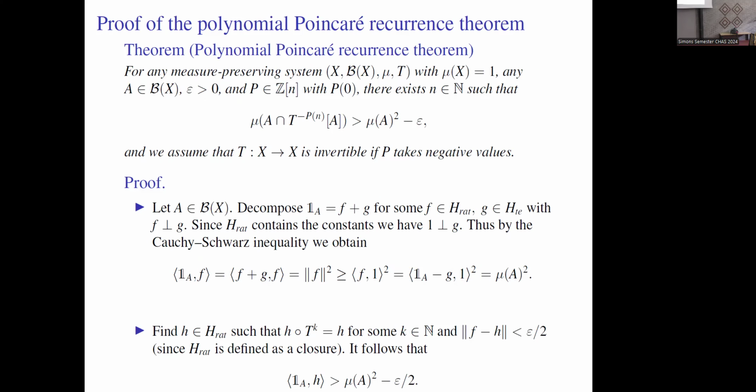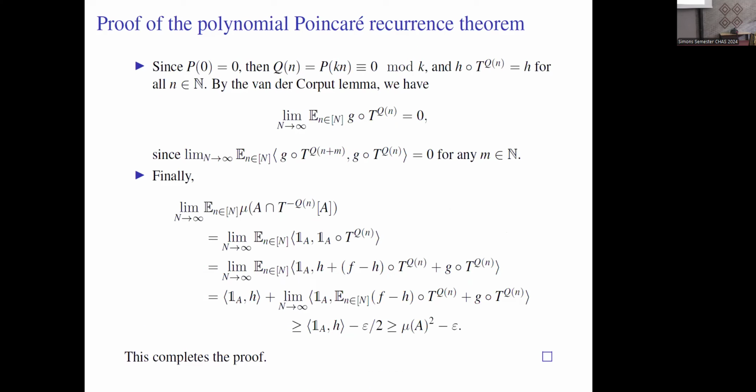Therefore, by density, by the fact that it's closed, we can find H in this set with the property that this identity holds for a certain K, and H is close to F with this error. As I said, because this is defined as a closure. And from this, it follows that we can replace F with H here, and we get this lower bound for this quantity. Okay. So this is what we do now.